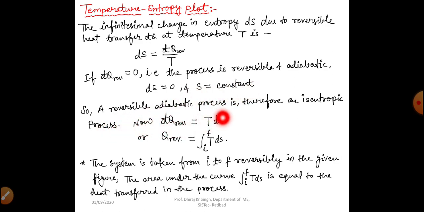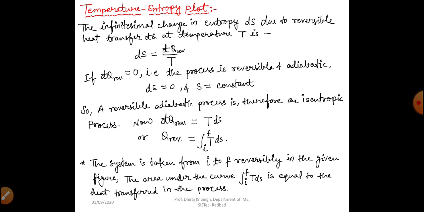A reversible adiabatic process is therefore an isentropic process. Now del Q reversible is equal to TdS, and when we integrate, we get Q reversible equal to integral from I to F of TdS.